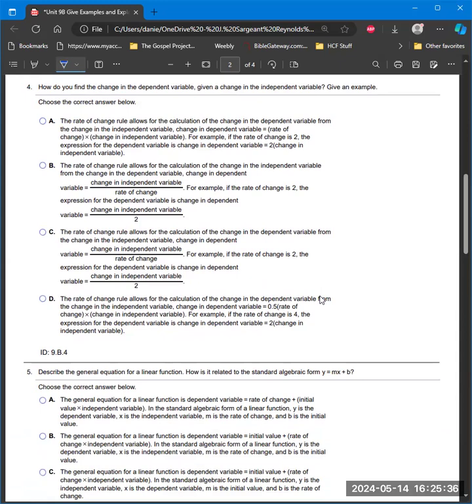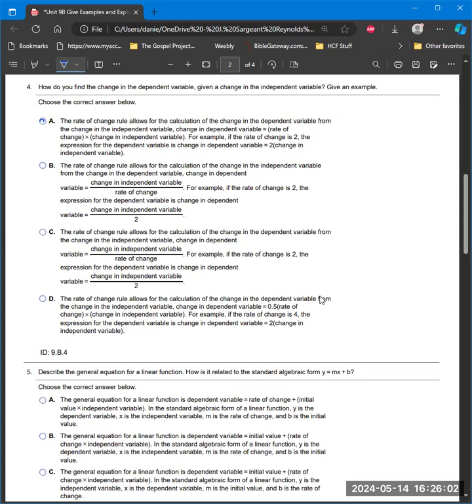Change in dependent variable is equal to rate of change times change in independent variable. For example, if the rate of change is 2, the expression is: change in dependent variable is equal to 2 times the change in the independent variable.